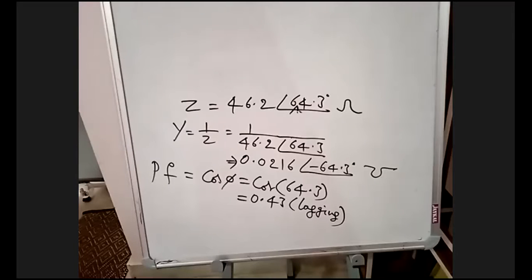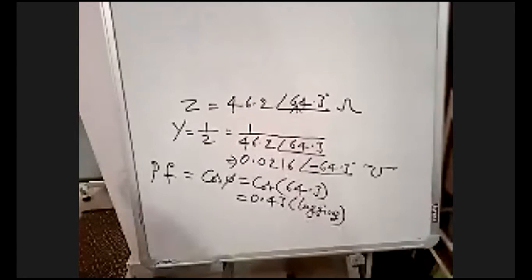If XL is greater than XC, your inductive reactance is more than the capacitive reactance. Since XL is greater than XC, your circuit is mostly inductive. In an inductive circuit, current lags the voltage. That's why I am taking power factor as lagging.